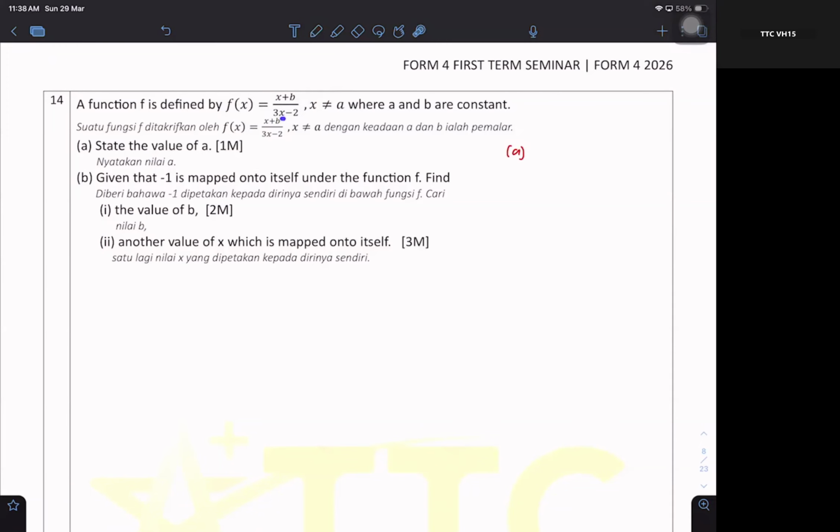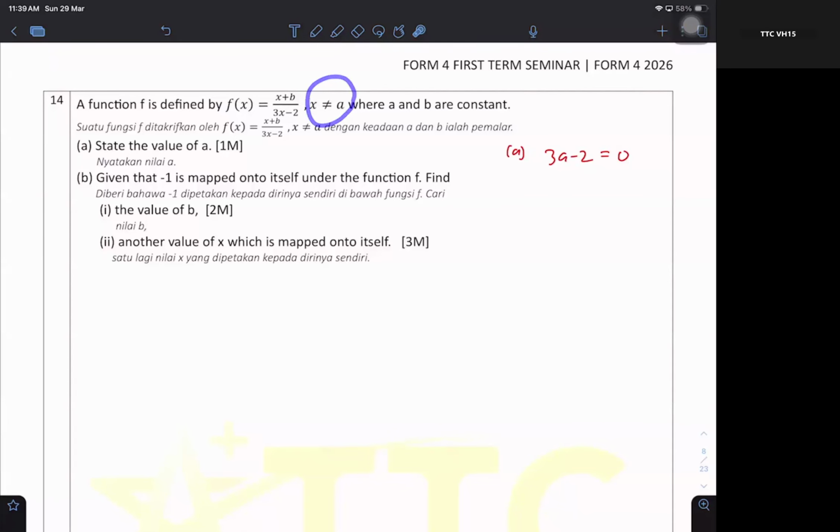If x is a, then the bottom will be 3a minus 2, which is zero. Understand? So from here you can find out the a. You understand the meaning here?